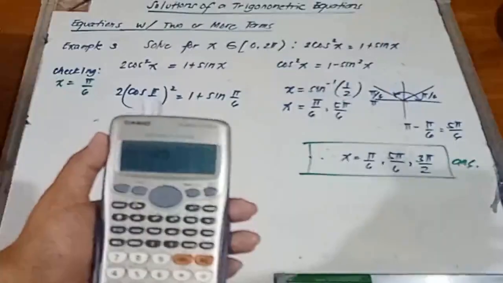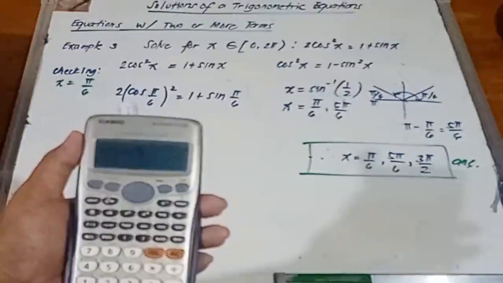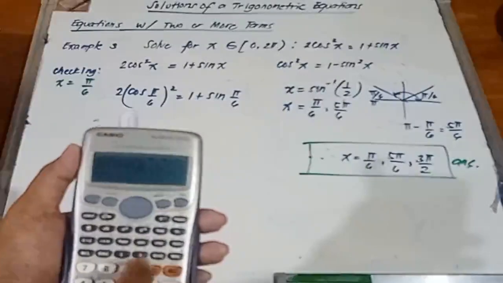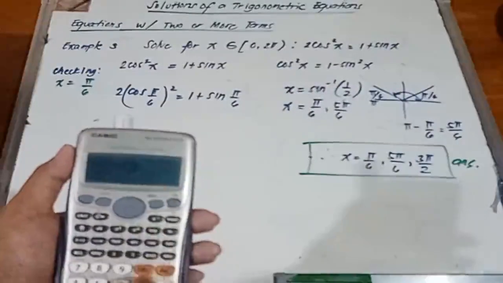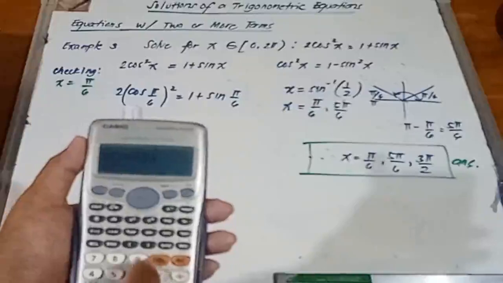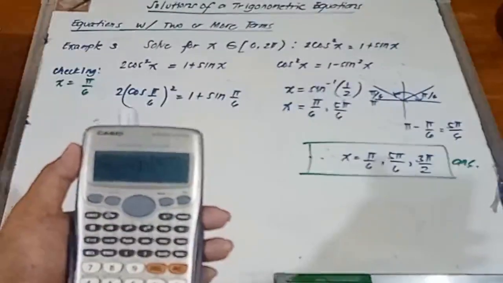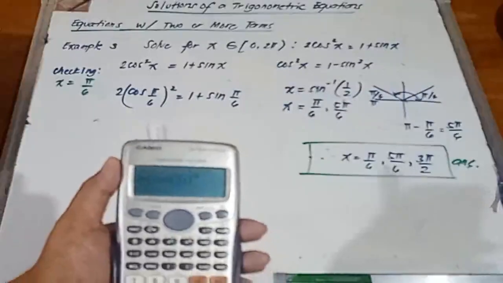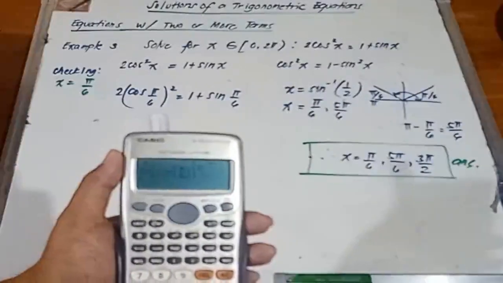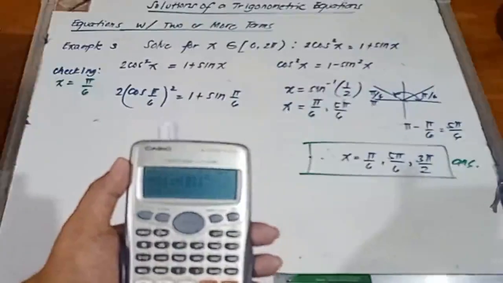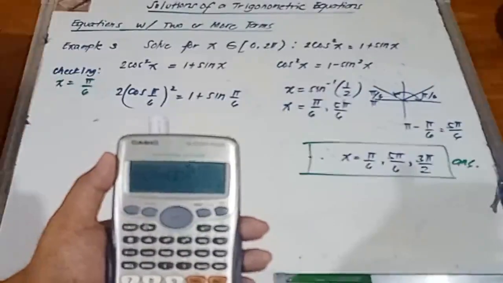Ito, fraction. Okay? Shift pi. Arrow down. 6. Arrow to the right. Tapos, squared. Makikita nyo ganito naka-display sa inyong calculator. Okay? Kagaya nung nasa board natin. And then, press equals. 3 halves.